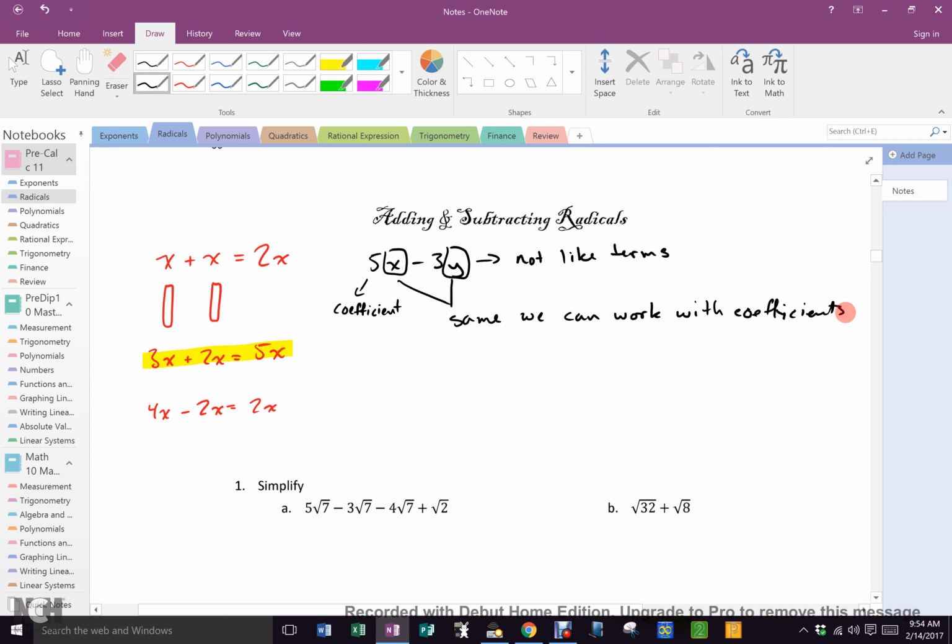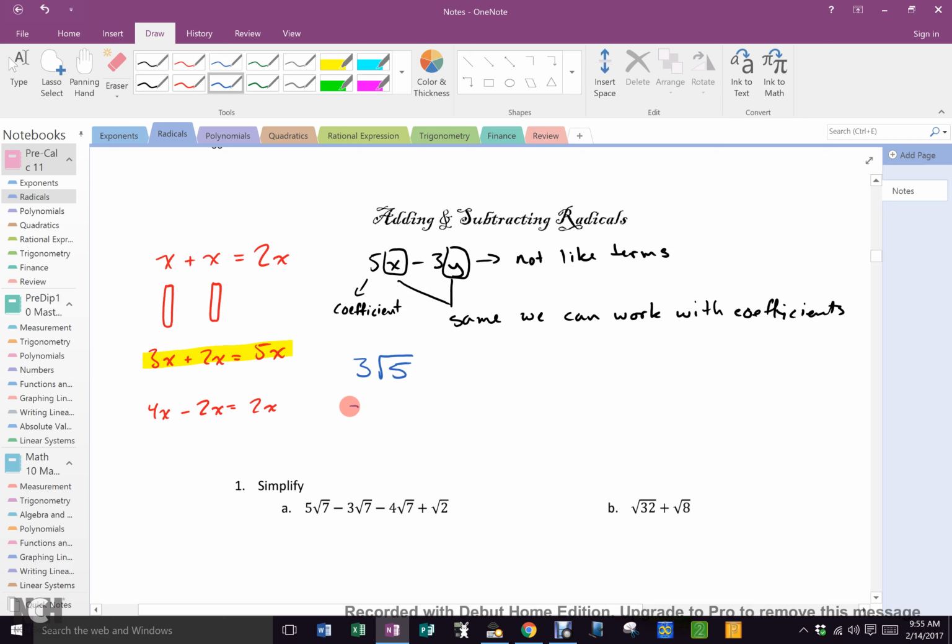Cool? Because all this is saying is x is an unknown number. Yes? And here x is the same unknown number. Right? So I can put them together to get 5 of that same unknown number. Is that cool? So if I give you something like this, 3 root 5, what does that mean in math class? What is actually happening there?